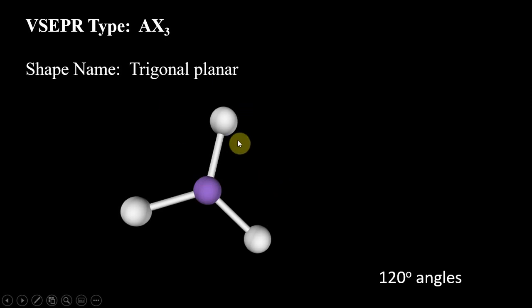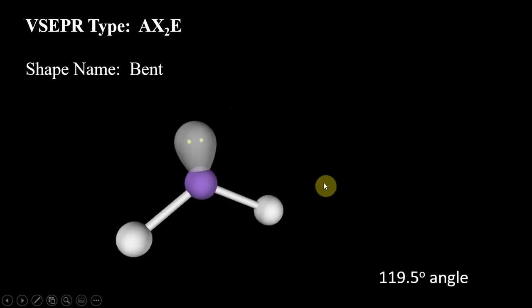If we replace one of these with a pair of non-bonded electrons, then we get a bent shape where, because this non-bonded pair now takes up more space, it's not 120 degrees between these anymore. It's now 119.5 degrees. We call this the AX2E configuration. That takes care of the AX2 and AX3 families.